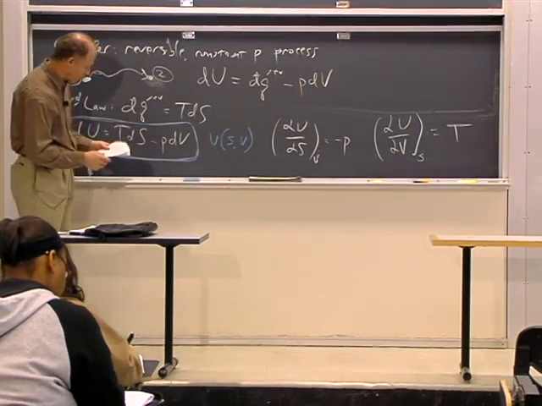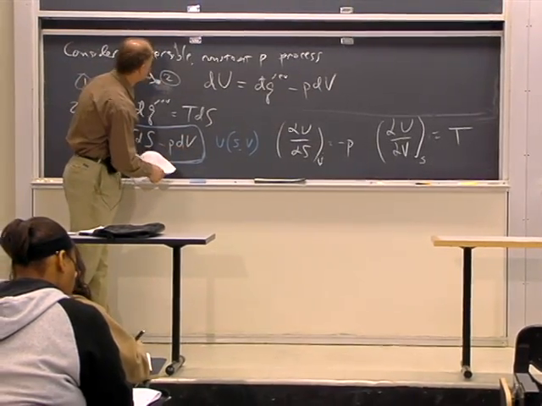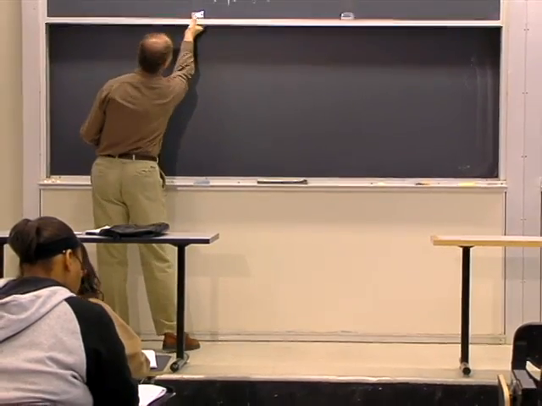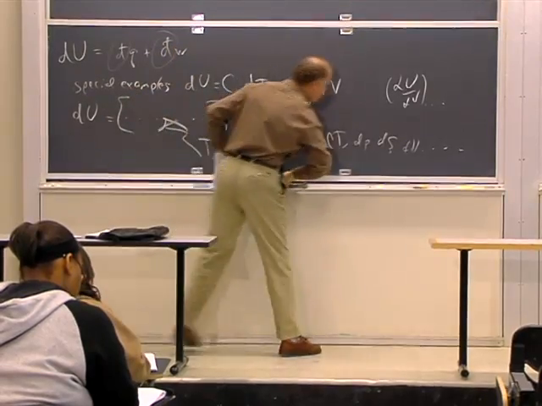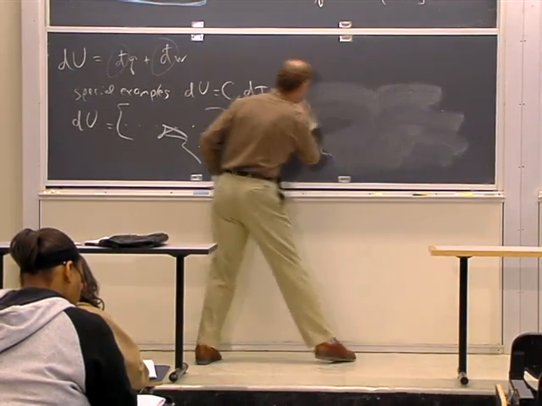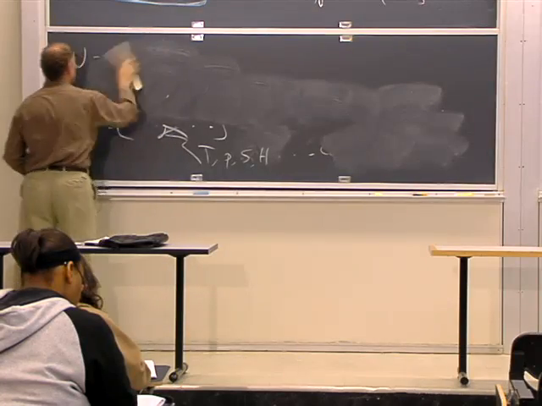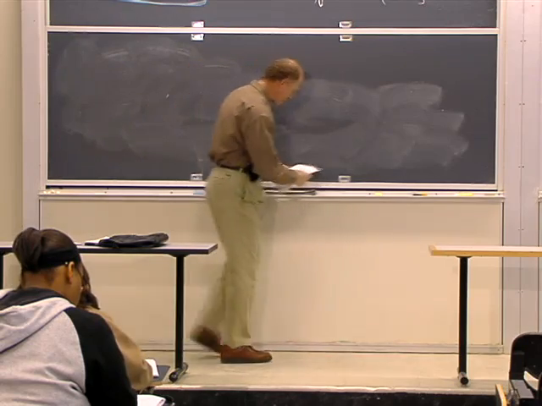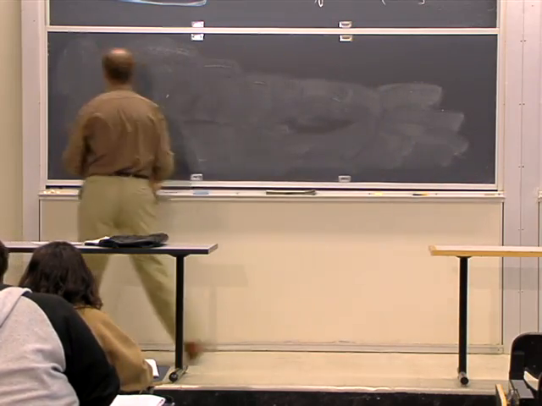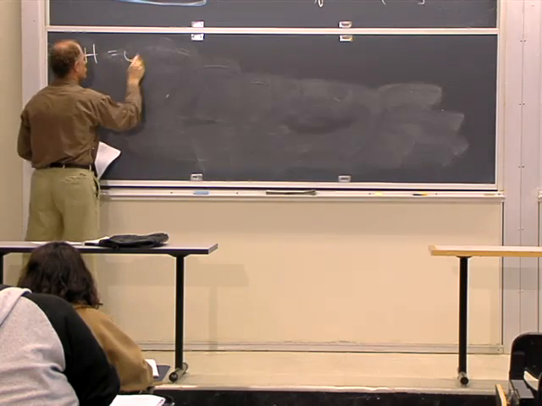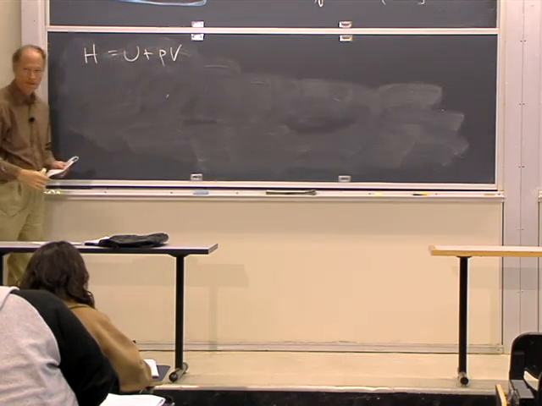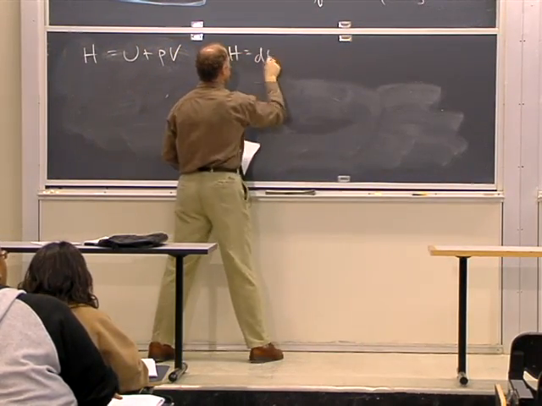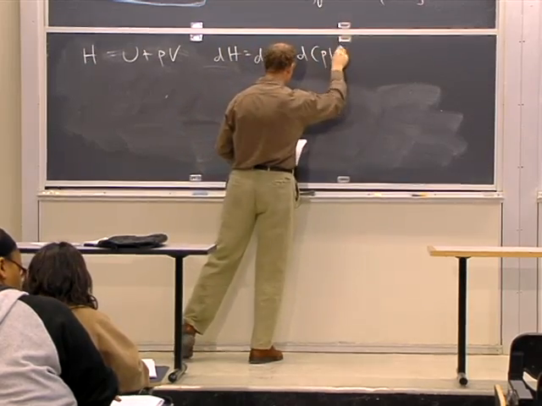Now we can have a similar set of steps for H, the enthalpy. So let's just look at that. H, of course, is U plus pV. So dH is just dU plus d(pV).